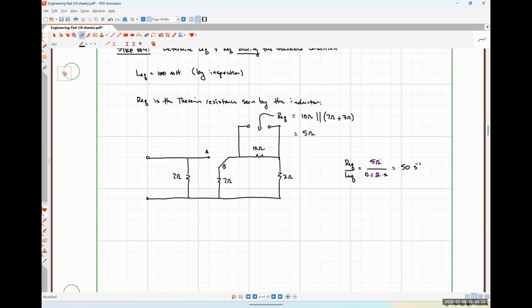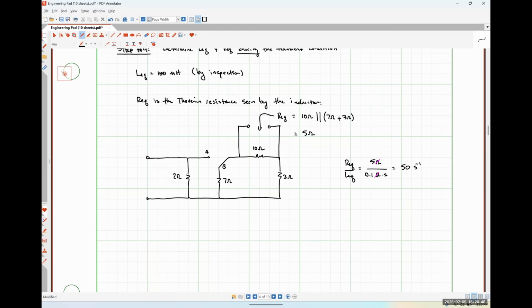Okay. So before I move on to our last step, does anybody have any questions about how we determined LEQ and REQ for this system? All right.